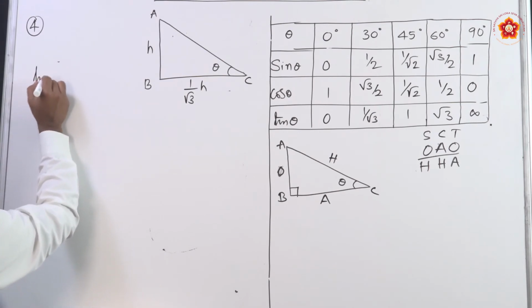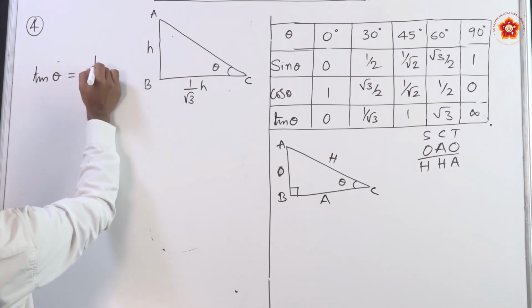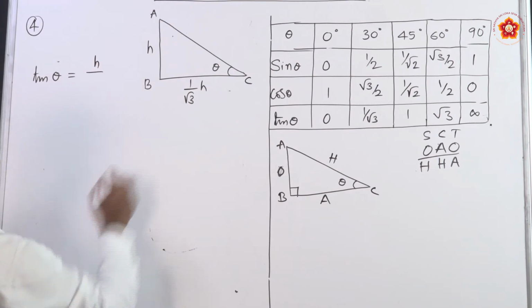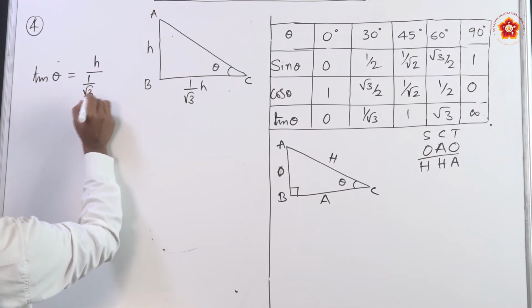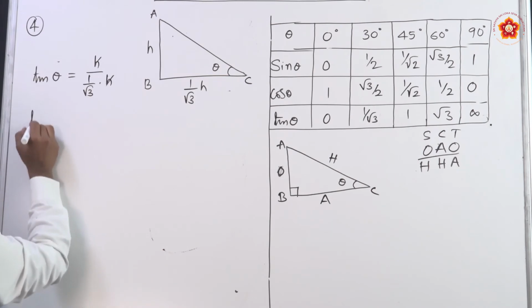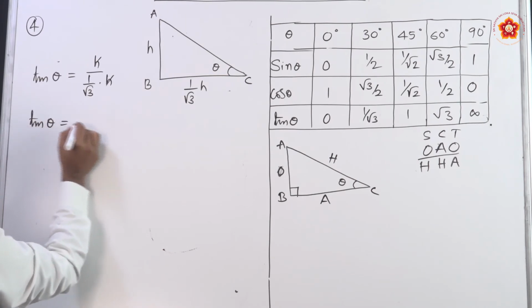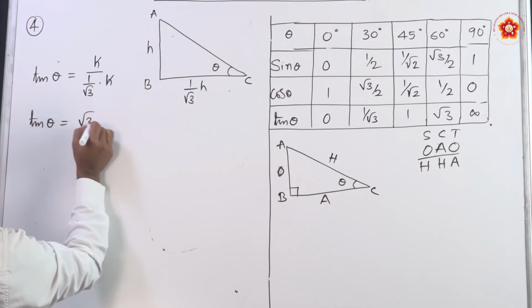What is tan theta? Tan theta is equal to opposite by adjacent. What is the opposite side here? h, divided by the adjacent side, 1 by root 3 into h. Here h gets cancelled. If you send it to the numerator, it becomes root 3.